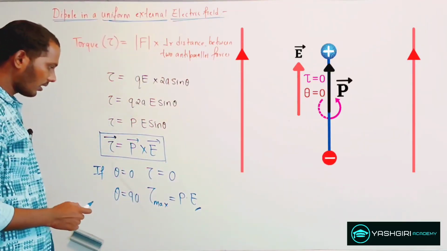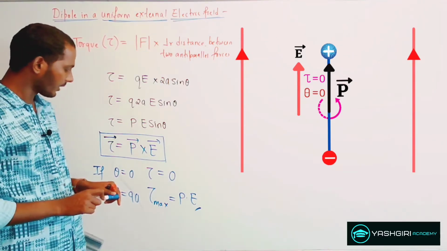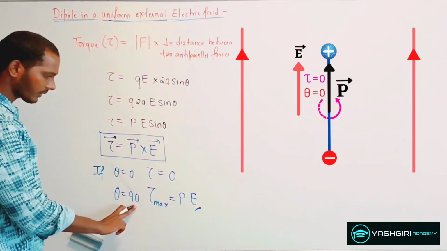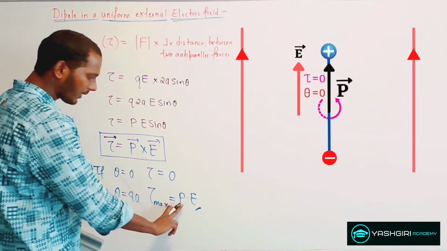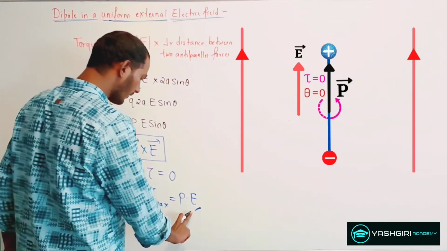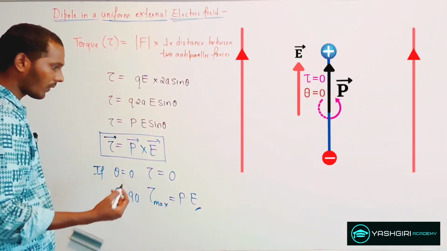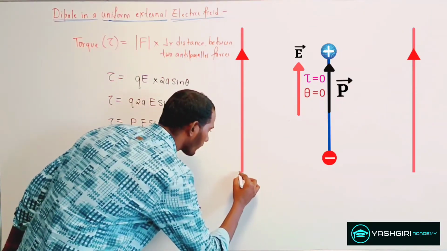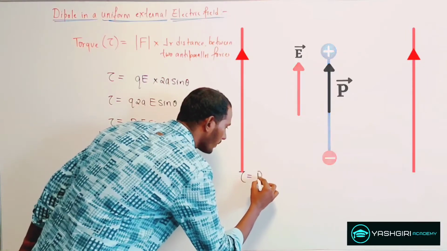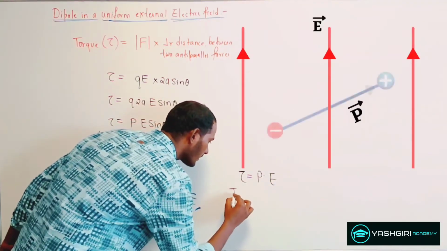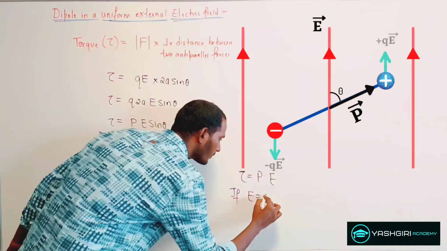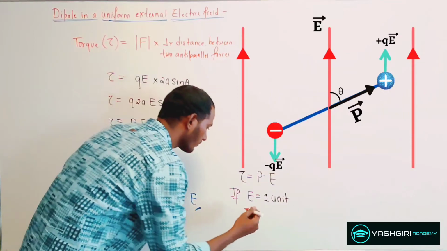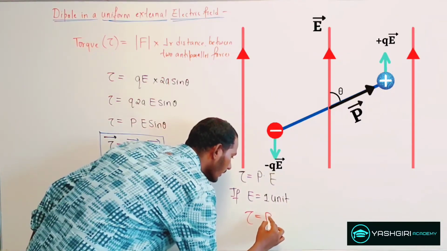So that's the relation. Now here, if sine theta is for 90 degrees, what I'm getting is tau equal to P dot E, and if E is equal to 1 unit, in that case what I'll get is the torque equal to the dipole moment.